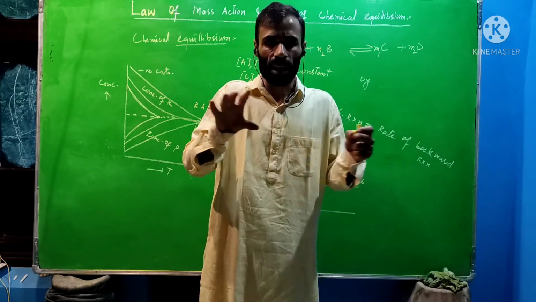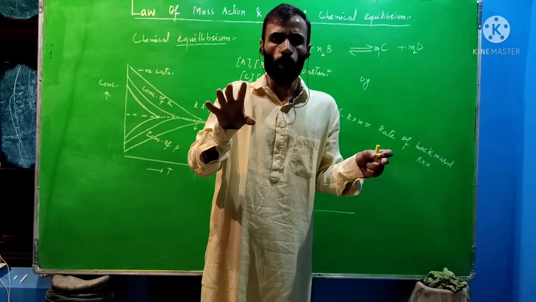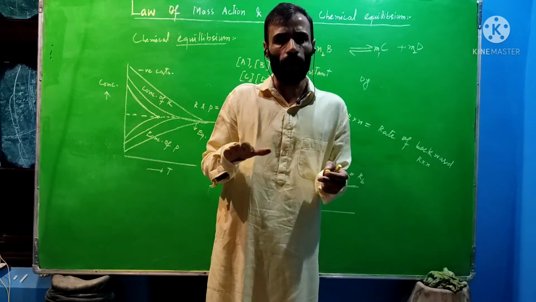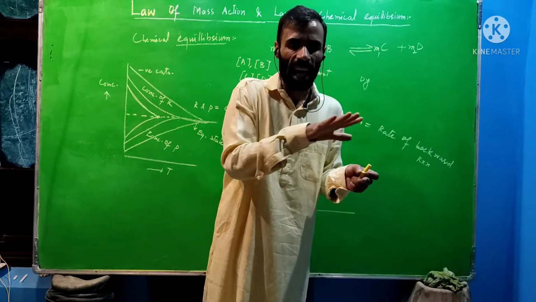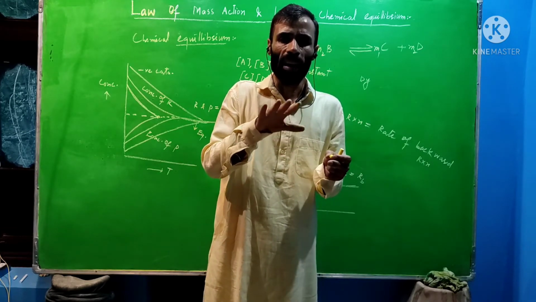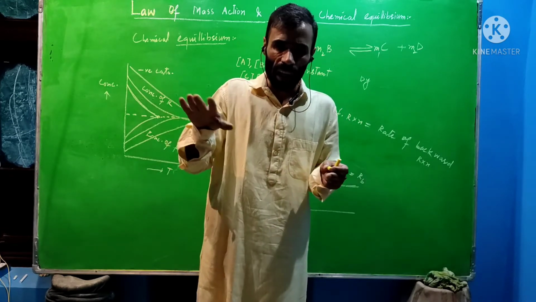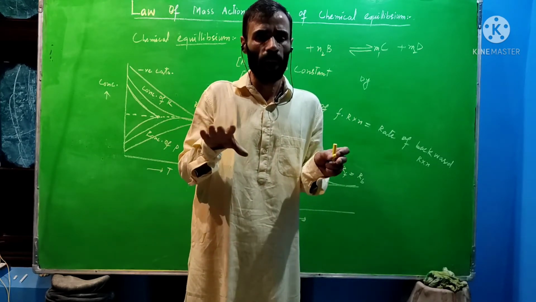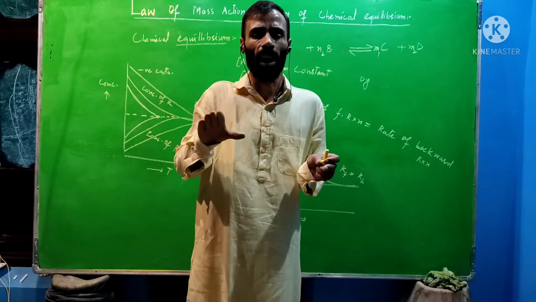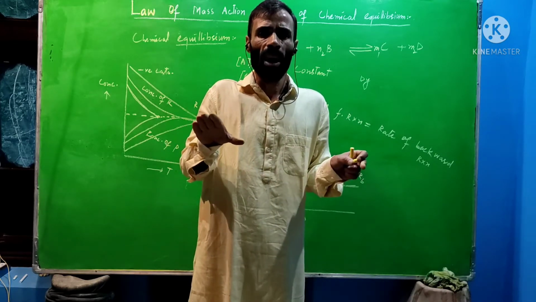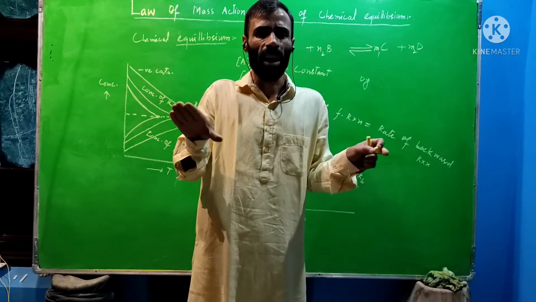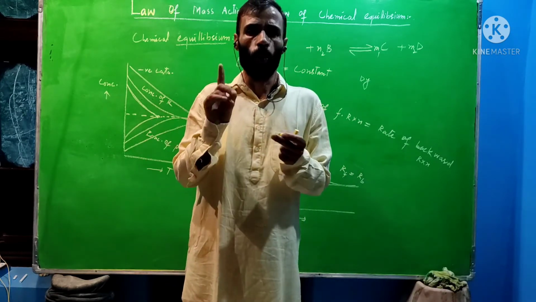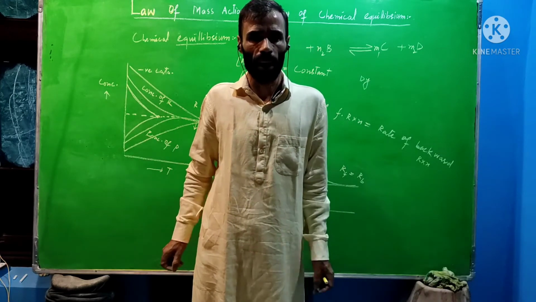If there is a color-involving reaction, then no color change is observed at equilibrium. Or if there are gases in a chemical reaction, then there is no change in the pressure of the gases. So for any observable property at the equilibrium stage, if there is no change in that property, then that stage we call chemical equilibrium.